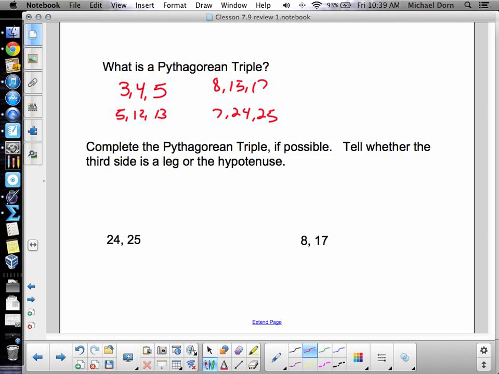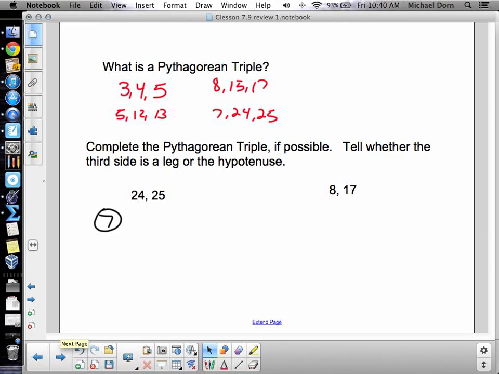So something you'll be asked to do is, you might memorize them or you might have to work with them. So if I give you 24 and 25 and ask you to find the third number of that Pythagorean triple, I can either have it memorized and go, oh, 24, 25, that's a Pythagorean triple with 7. And we'd be done. Or, let's say we didn't have it memorized. How would we attack it?